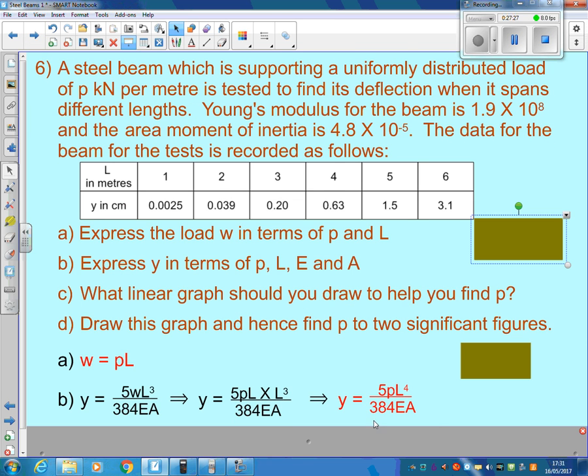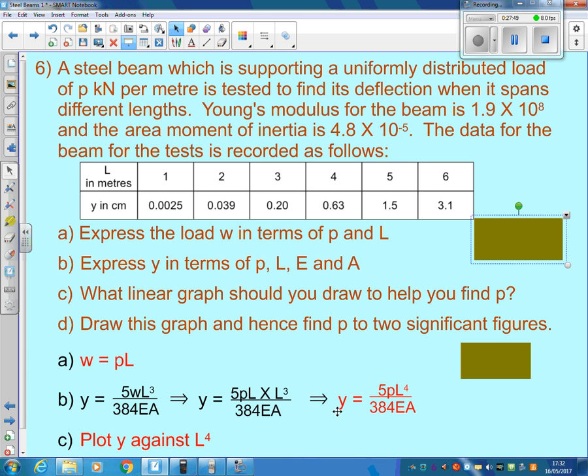But if instead I plot Y against L to the power of 4, because E and A are both numbers and P is just a number, okay, we might not know what P is, even though we know what E and A are, they're just numbers, then it will form a straight line. So you will plot Y against L to the power of 4. That's what's known as linearizing. I'll plot Y against L to the 4.